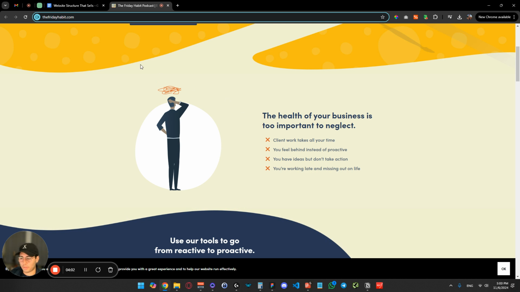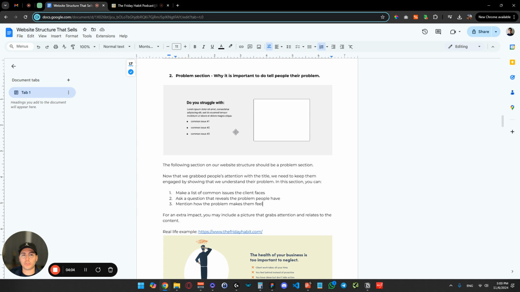Remember, how we're structuring the website right now is a path. It's a path for our best clients to understand that we're the best solution for them. On the first step, we identified who they are through the hero section, so we let them know that we understand who they are. We now talk about their problem.